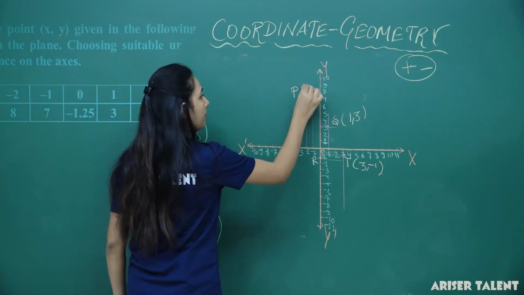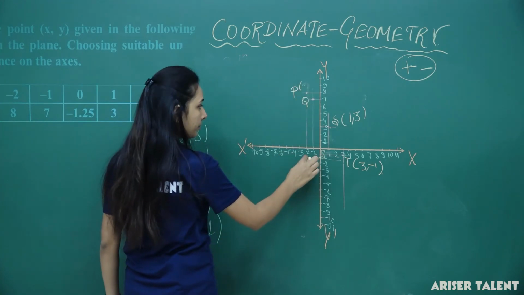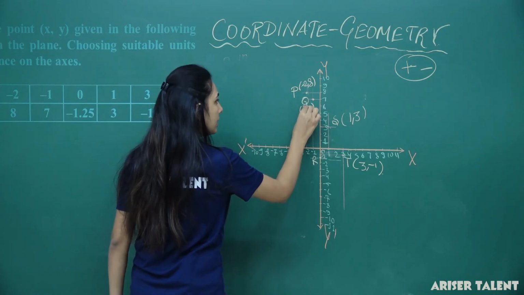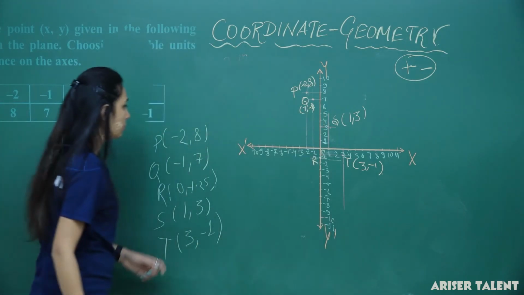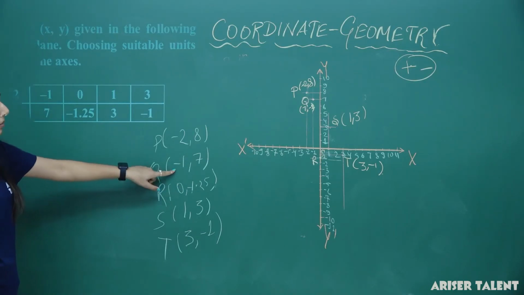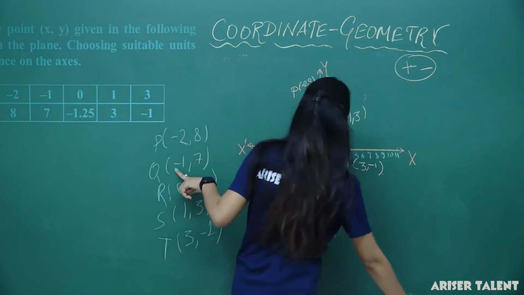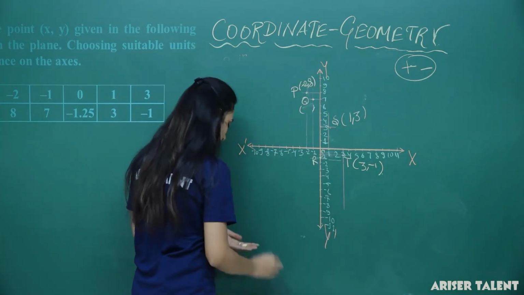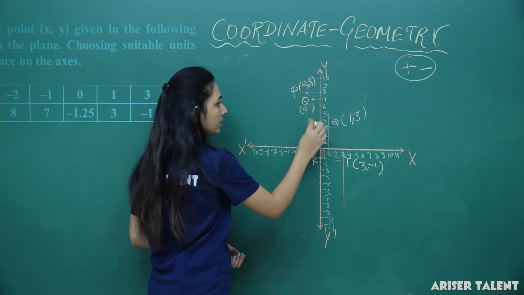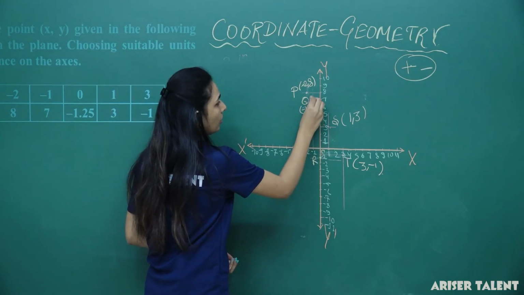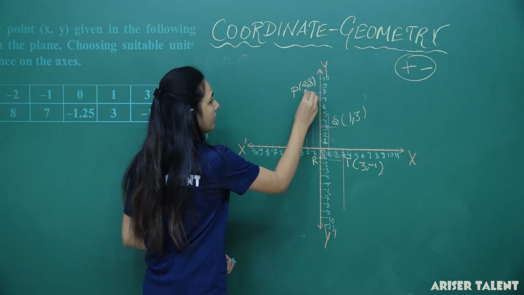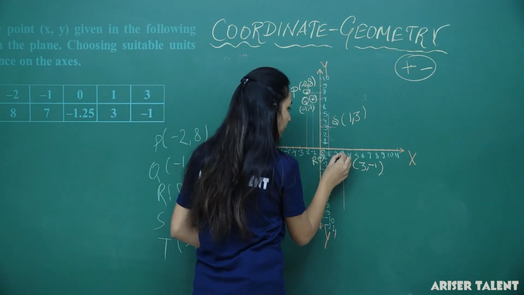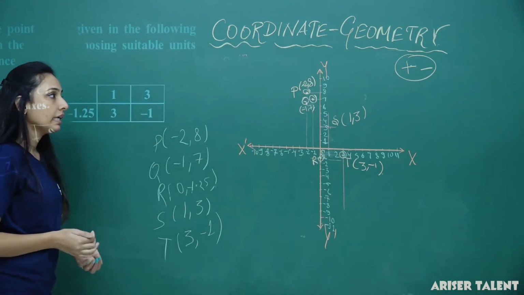Similarly, this point P is -2 comma 8, and this point Q is -1, 7. So -2, 8; -1, 7, it is, right? Okay, correct it. -1 here, this side, and 7. Okay, so this point is -1, 7. So these are the points that we have located on our graph.